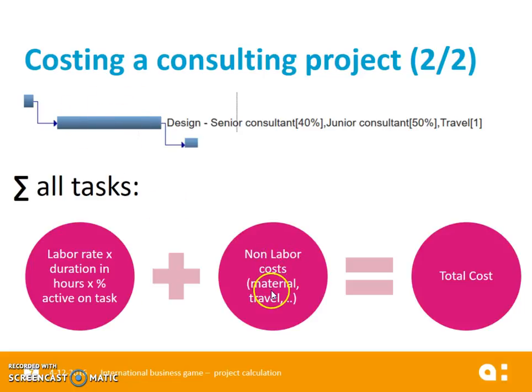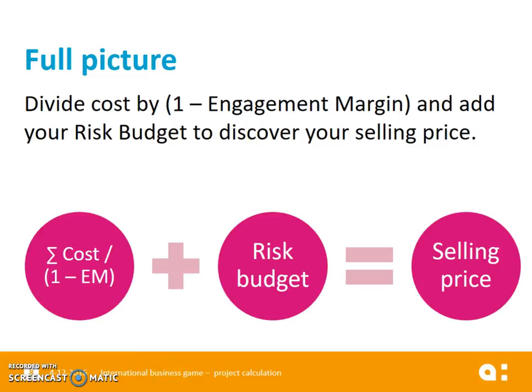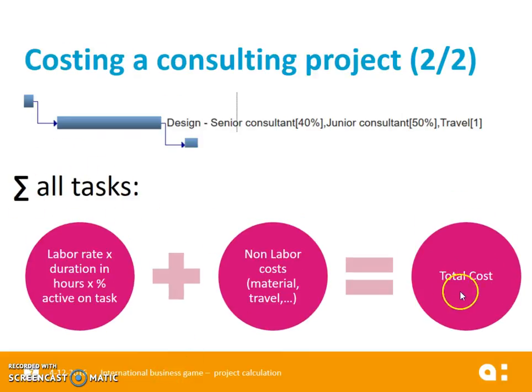Well, again, add them up and add them to the labor cost. And this will give you the total cost for this particular task. Now, repeat this work for all the tasks you have. And this will give you the full total cost of your project. It's quite simple.